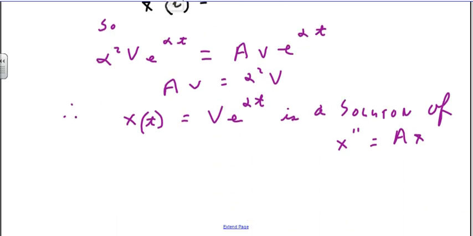So that being the case, alpha squared has to equal my eigenvalue. I don't have a choice.